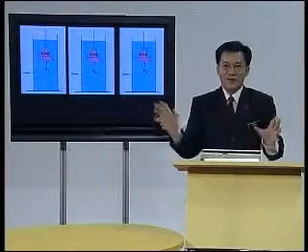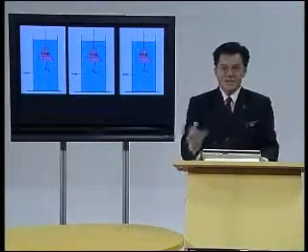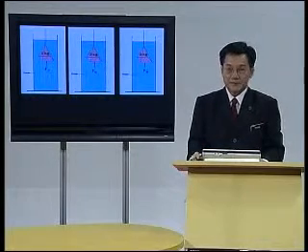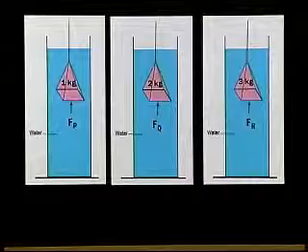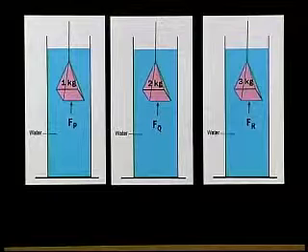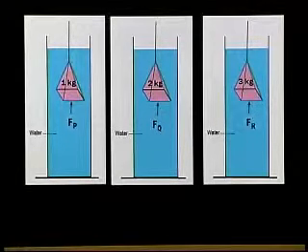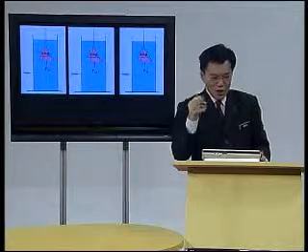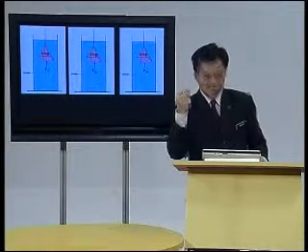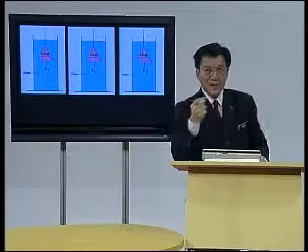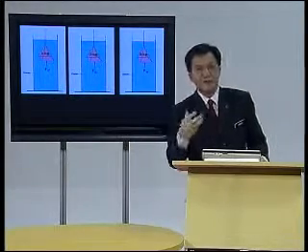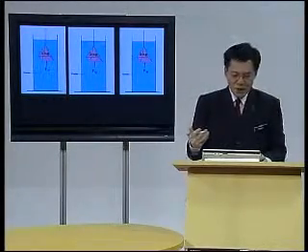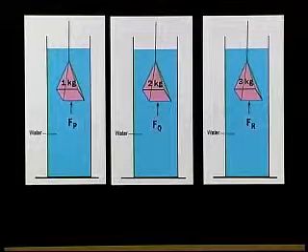Alright? Now have a look at this diagram. It's a very, very simple diagram. In the first, second and third diagram, you will notice that we have water. The only difference is that we have this object, this pyramid, the weights are different. Or rather the masses are different, sorry. The first one has a mass of 1 kilogram.